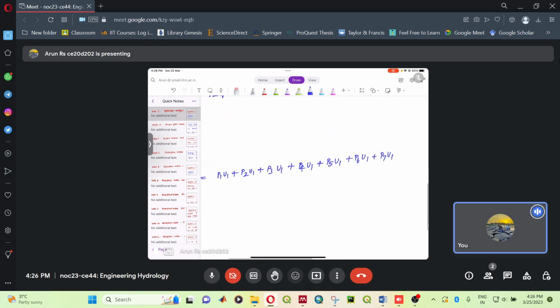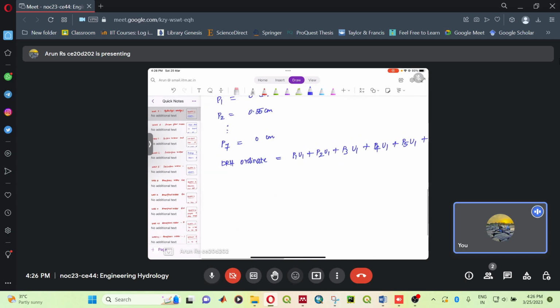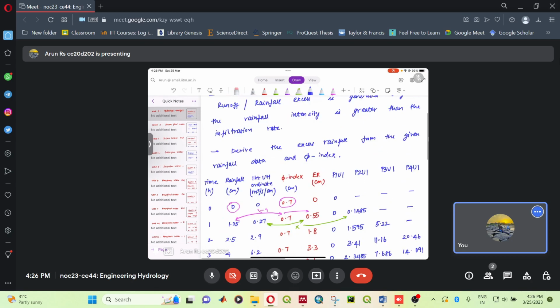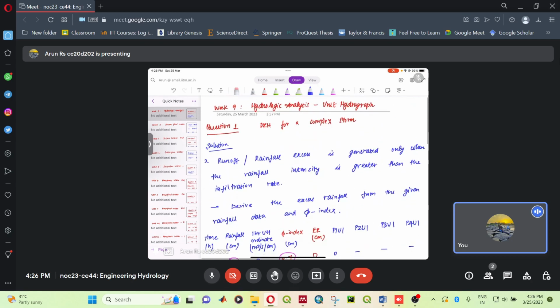So we have found the DRH ordinates for a complex storm given a phi index. Now for part B of the question. So this is for part A.